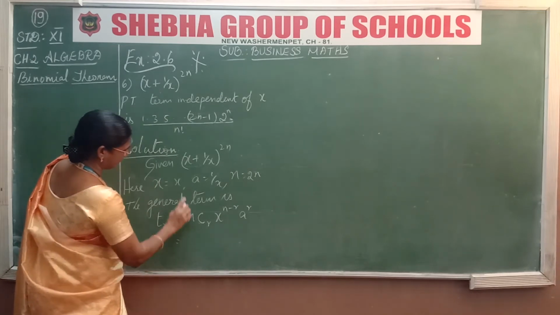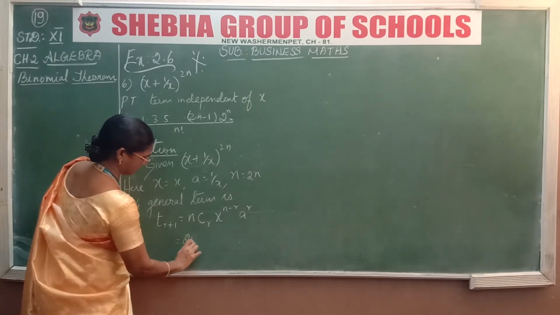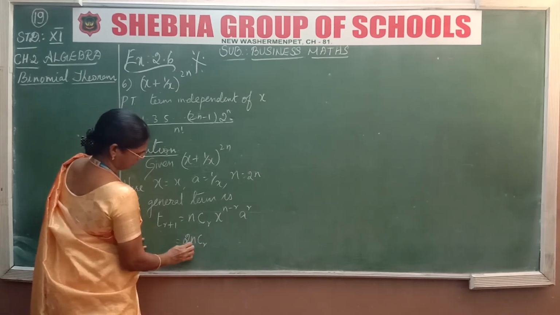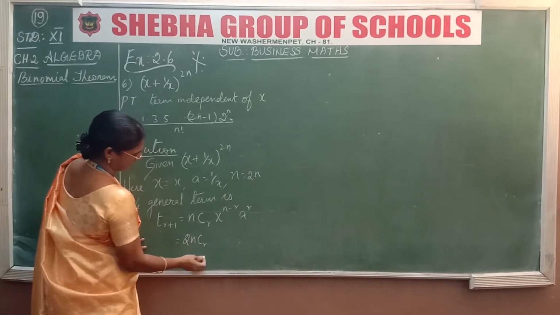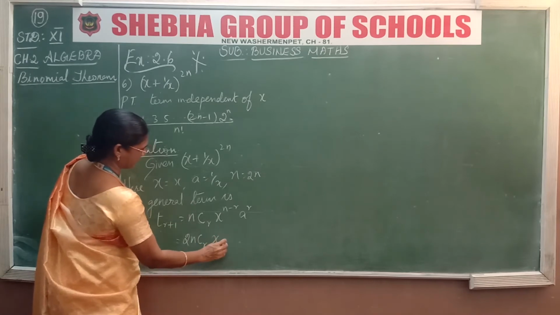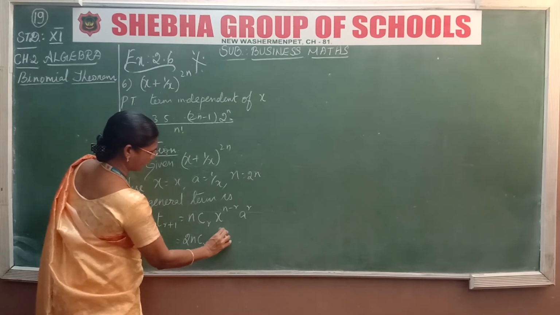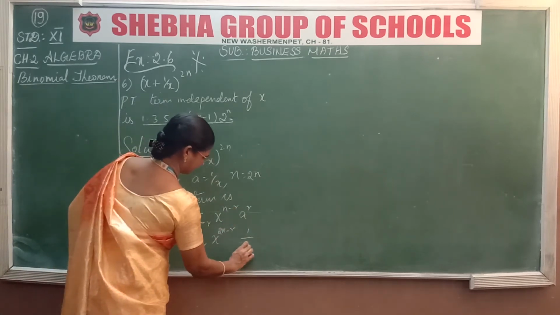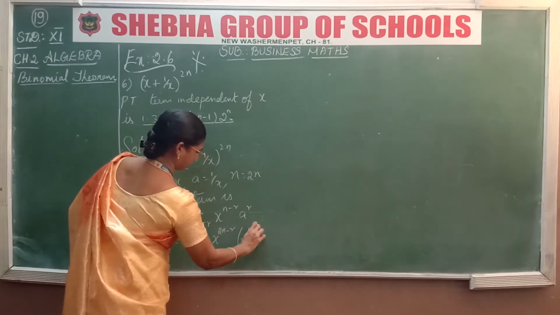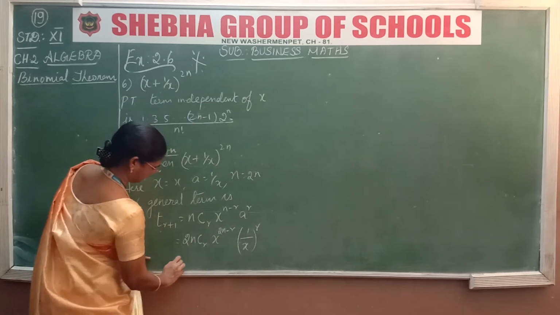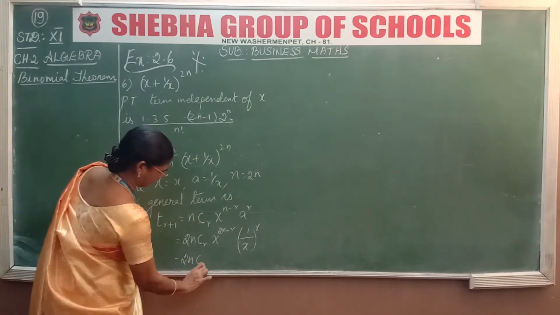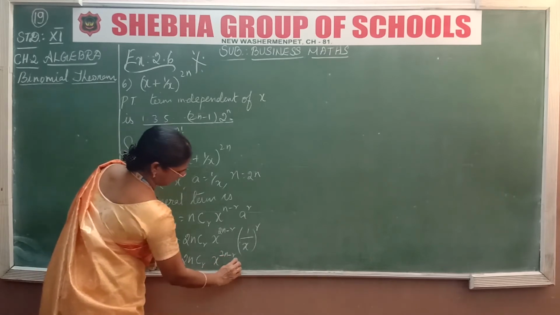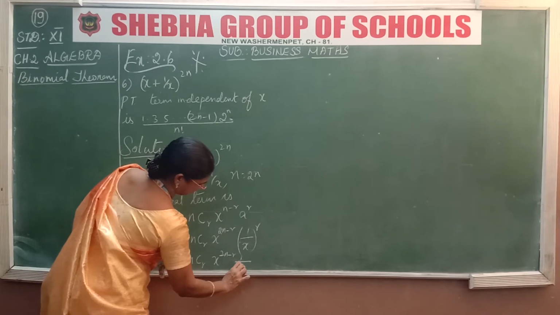So substituting here, n is 2n. So we have to find r. So n is 2n, 2nCr into x is x, x power n minus r, that is 2n minus r. Okay. Into a is 1 by x power r. So we get 2nCr x power 2n minus r into 1 by x power r.